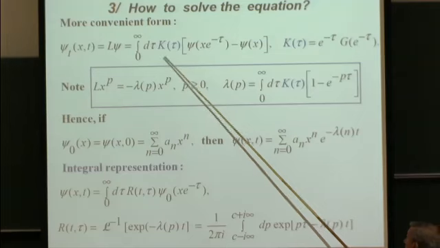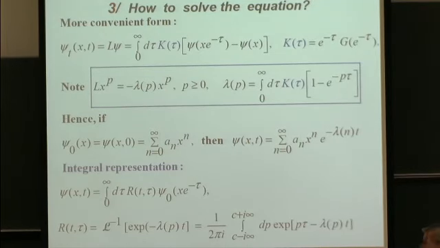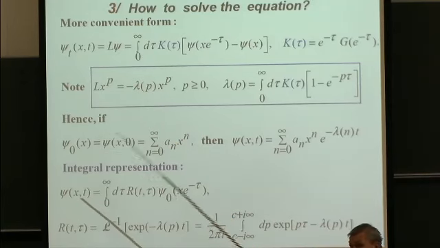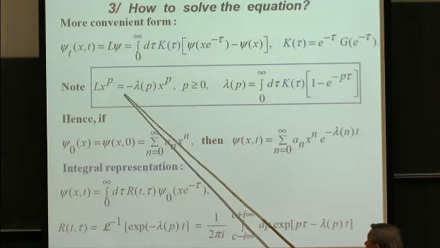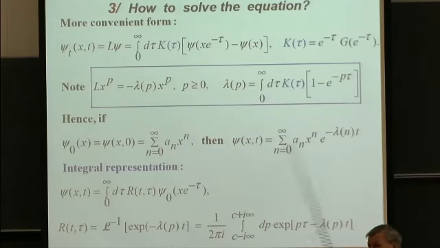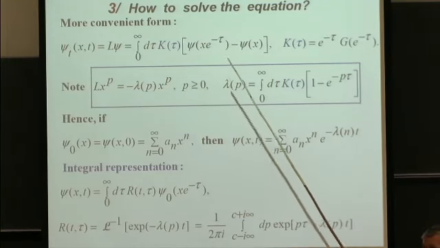The most important thing, as always, is that you consider the linear equation and look for eigenfunctions of the operator. In this case it is very easy to see that the eigenfunctions are x to any power p. It can be a real number too.